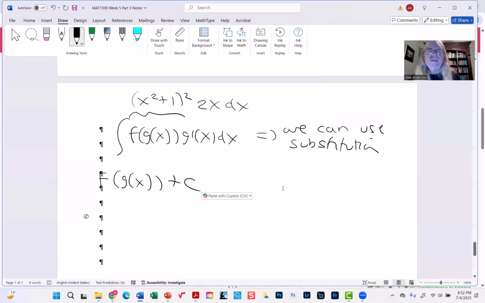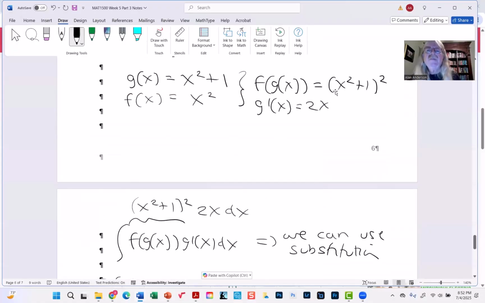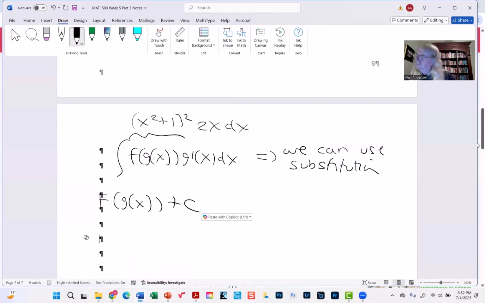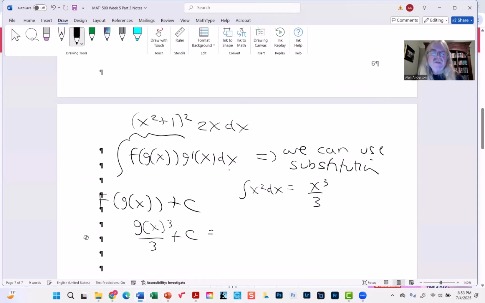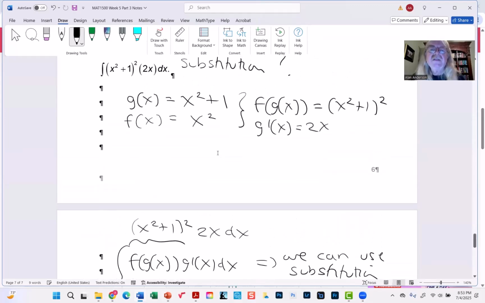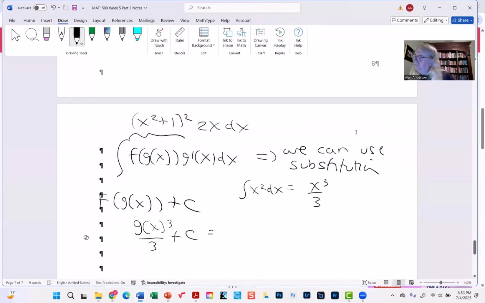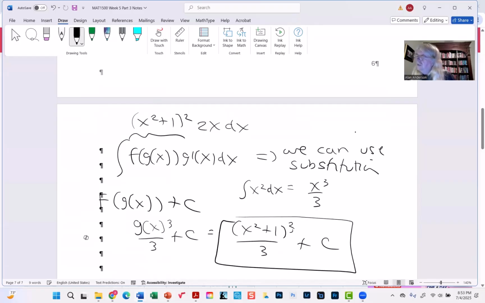So because f of x, the original function, was x squared, so therefore you're going to get f of g of x will be g of x cubed over 3. And since g of x is x squared plus 1, that's going to be your final result.